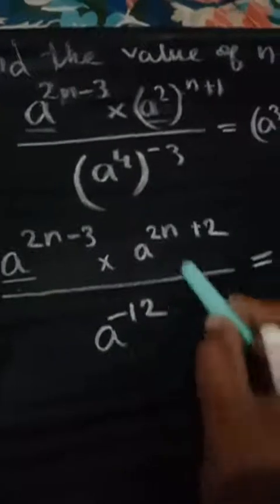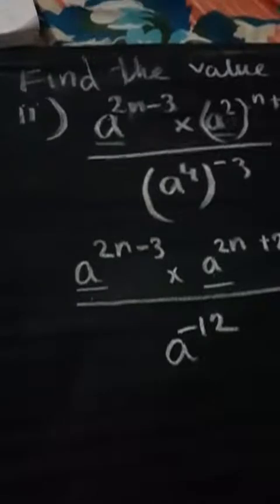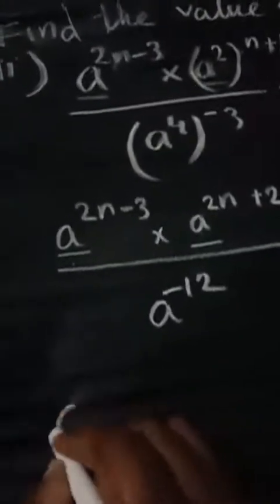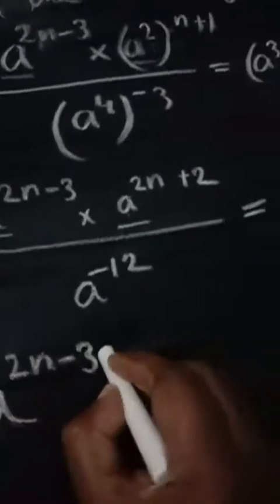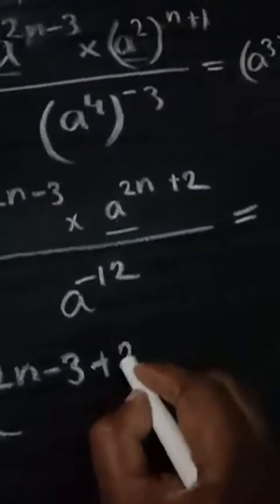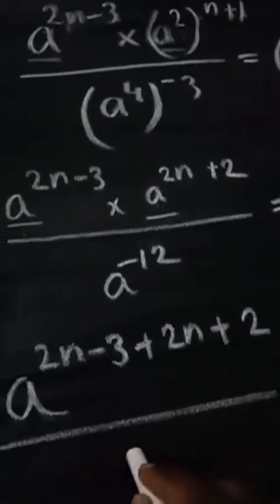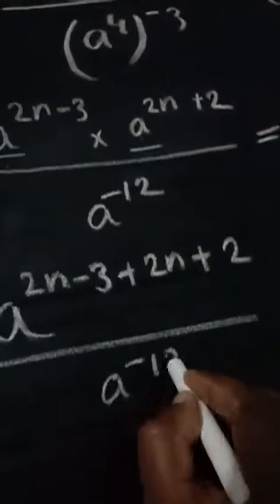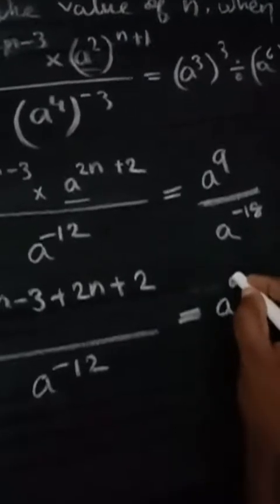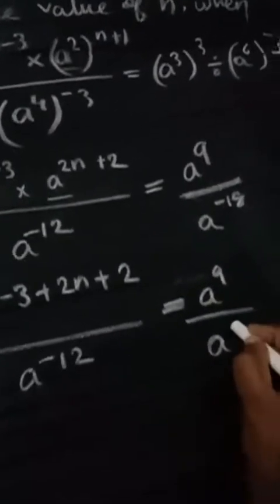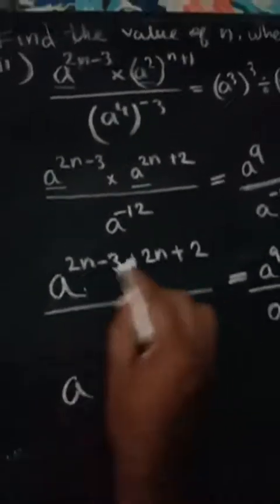Now this is the same base, a^(2n−3) and a^(2n+2), so we can add the powers: a^m × a^n is a^(m+n). That is a^(2n−3+2n+2) divided by a^(−12) is equal to a⁹ by a^(−18).